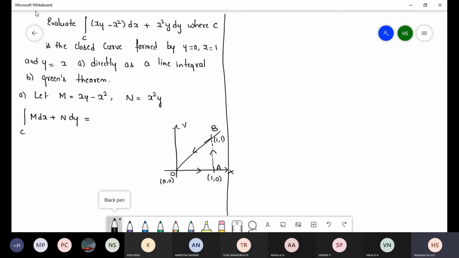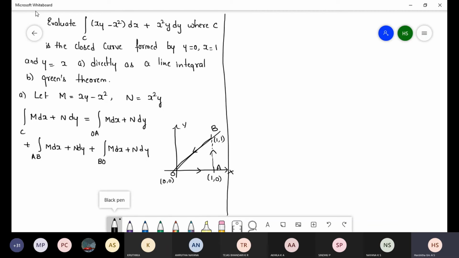So back in the reverse order towards the origin. Now define the line integral here. First one is O to A, m dx plus n dy. Second one is A to B, m dx plus n dy. Third one is B to O, m dx plus n dy.